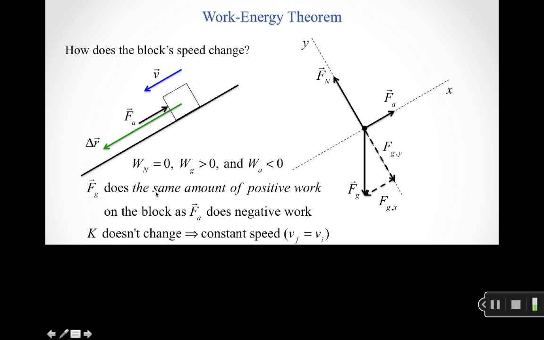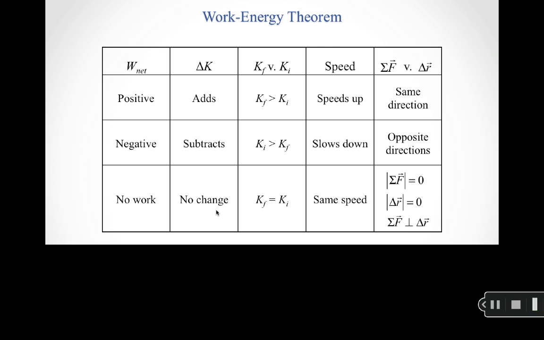So my net work is 0, which means the kinetic energy doesn't change, which again means that my block is traveling at a constant speed. So the work-energy theorem conceptually is giving me the same information as what Newton's second law did. What we'll end up seeing is that same information, as a general rule, is going to come with an easier calculation because I don't have to do a vector problem.